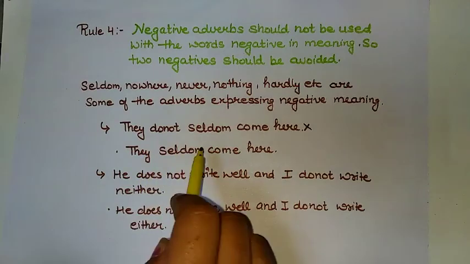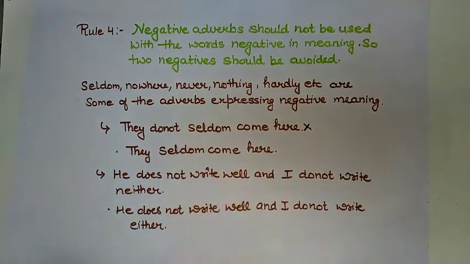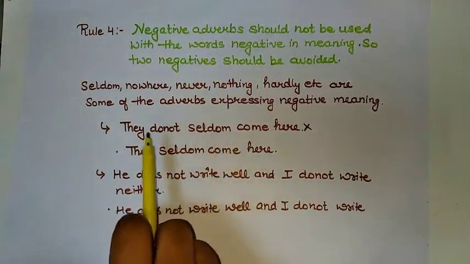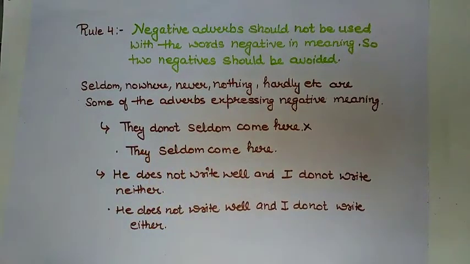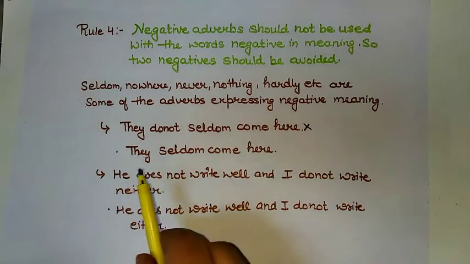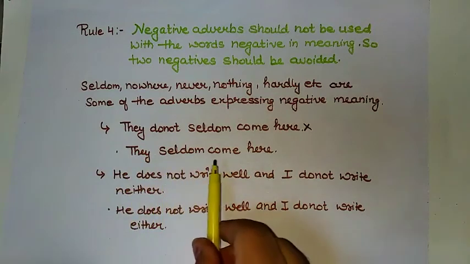You can understand that seldom means something which is happening very little or very rarely. So if we use seldom with do not, it will be wrong logically, because do not shows something is not happening and seldom shows something which is happening but in a small amount. So we should use seldom like they seldom come here.